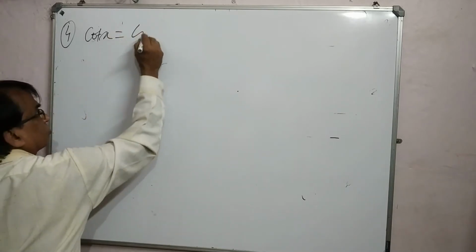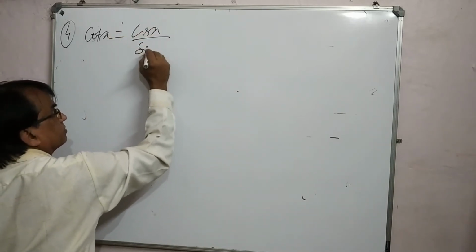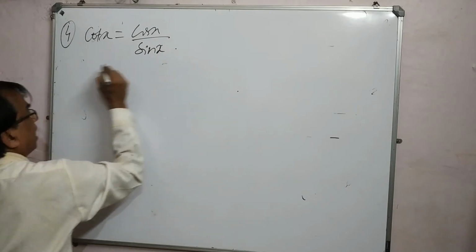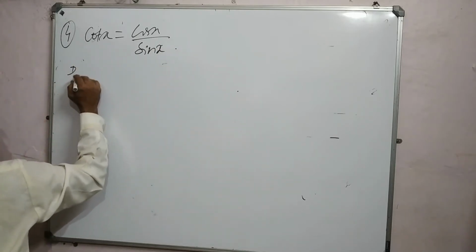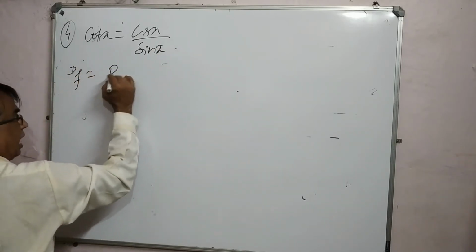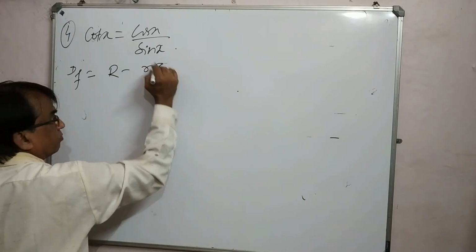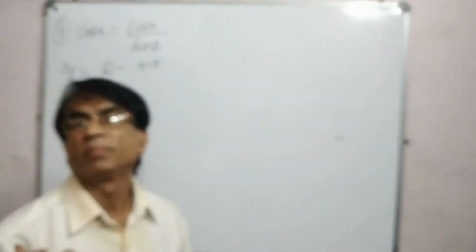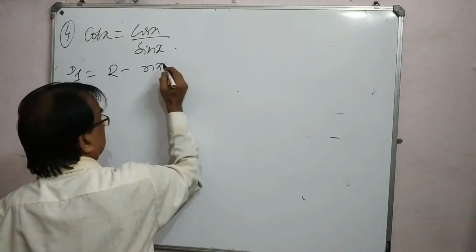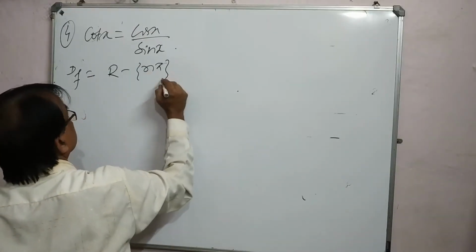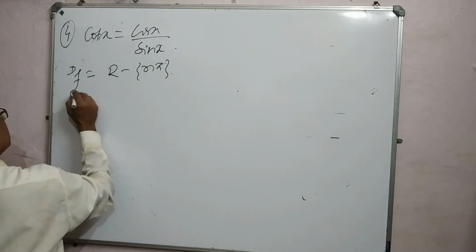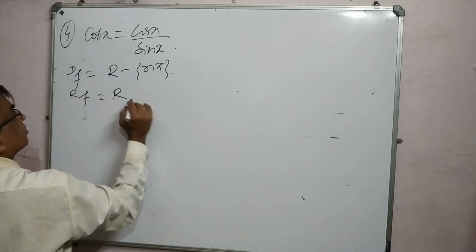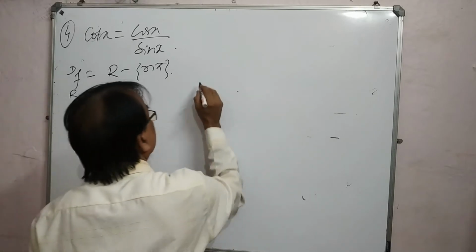And cot x is equal to cos x by sin x, and the domain of this function is R minus n pi, because sin x is 0 at integral multiples of pi, and the range is the set of real numbers.